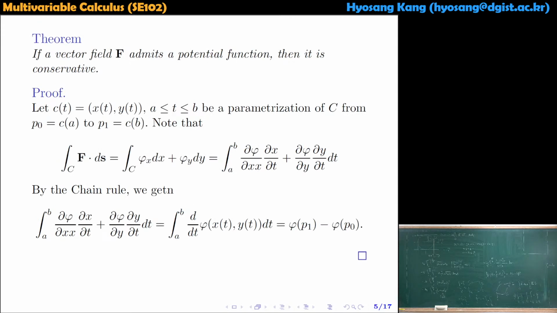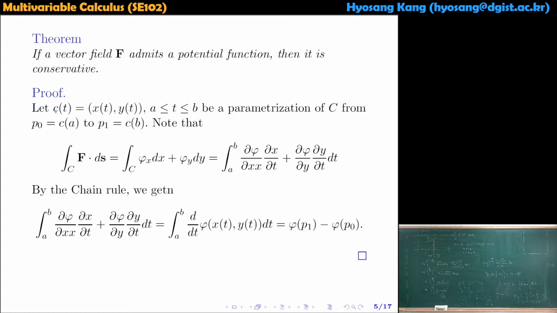All right, so here's an important theorem: if the vector field admits a potential function, then it is conservative. Like a gravitational vector field has a potential function, which is actually a potential energy, and it is conservative. So the proof goes as follows. We have a two-dimensional space, so we're only talking about a two-dimensional vector field.